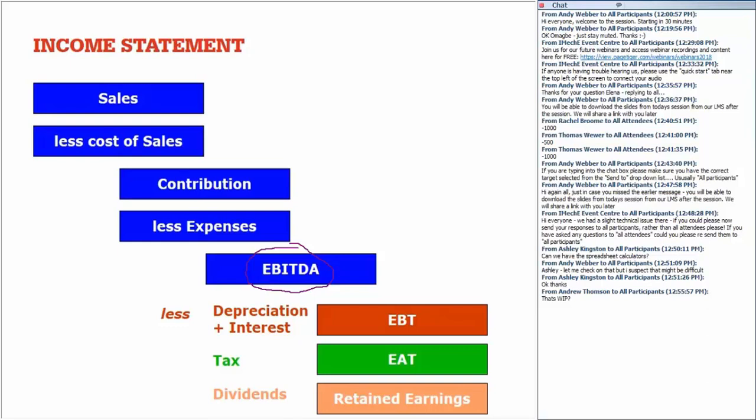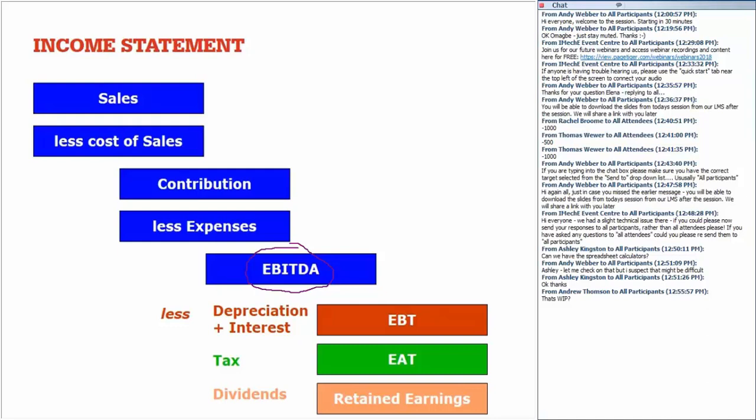Because we know that what we want to look at is how the business is performing as a trading entity. We don't want to be concerned about how it's funded. In other words, is it funded by loans where you pay interest, or is it funded by investors where you don't pay interest? Saying, look, let's just ignore that part. Let's ignore taxation, because we know the tax calculation can be quite complex. Let's just focus on the trading position.